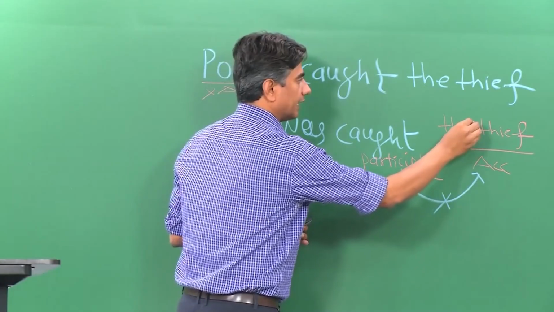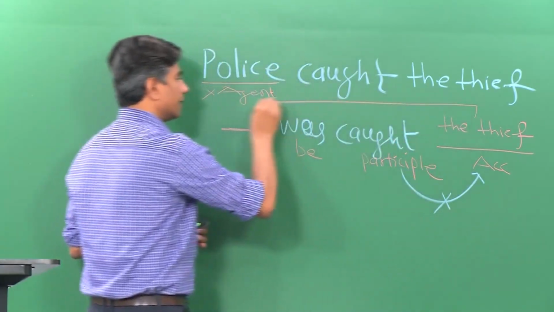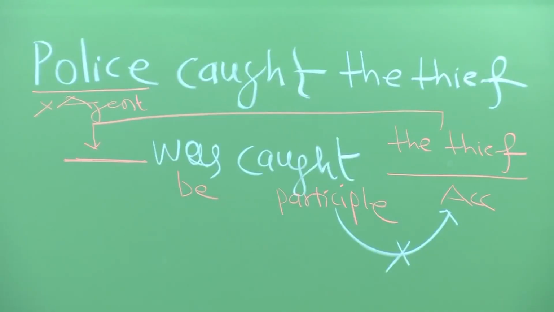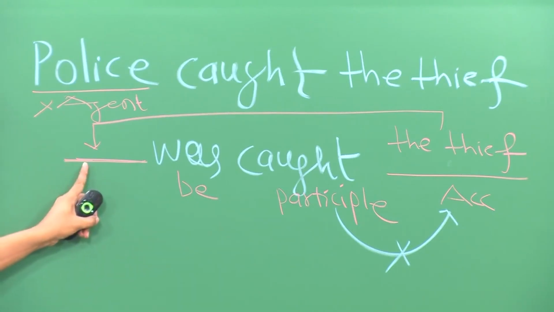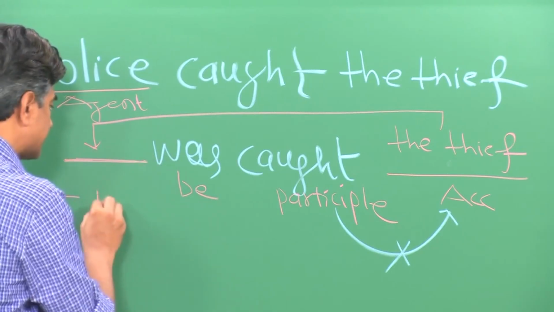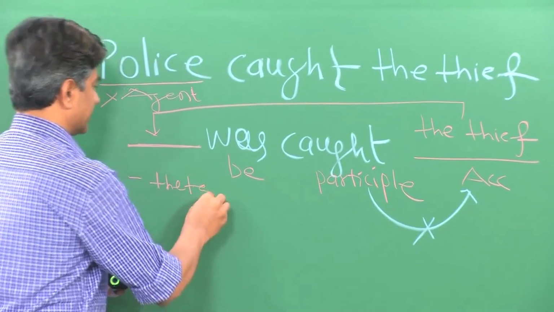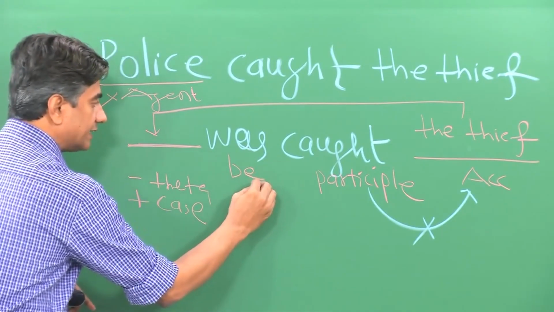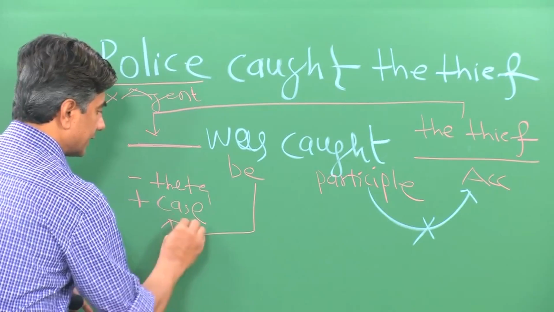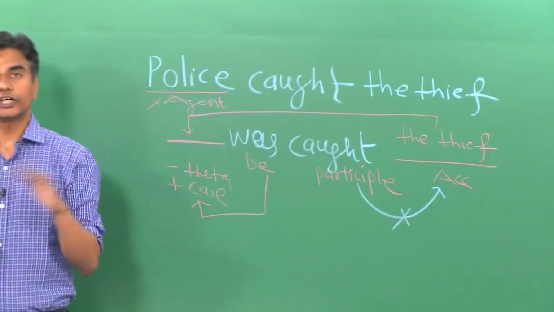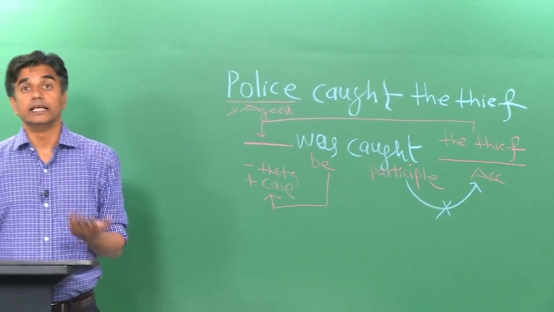Eventually this NP moves to this position and acquires case in this position, because this position is a minus theta position but a plus case position. So the finiteness assigns case to the NP, the thief, which did not have case in the beginning in a passive sentence.